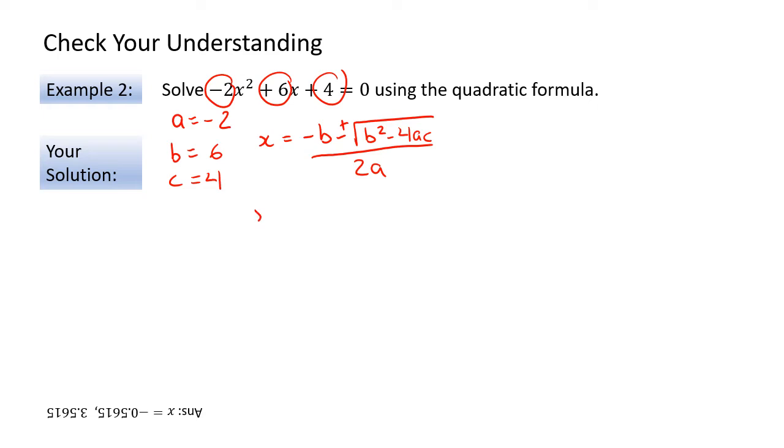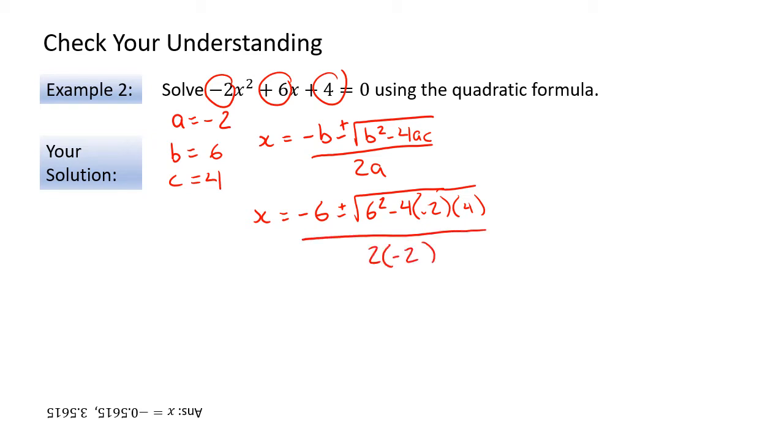Substituting in our values here, x is equal to negative b, which is negative 6, plus or minus the square root of b squared, 6 squared, minus 4 times a, which is negative 2, times c, which is 4. And that's divided by 2 times a, which is negative 2.